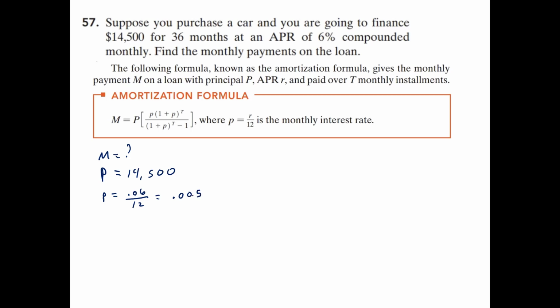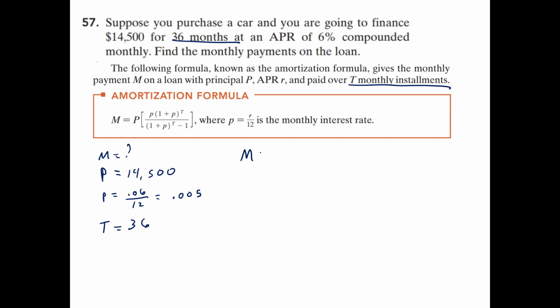And then T is the number of payments, T monthly installments, and we're doing this for 36 months, 3 years, so T is 36. And we are ready to go.